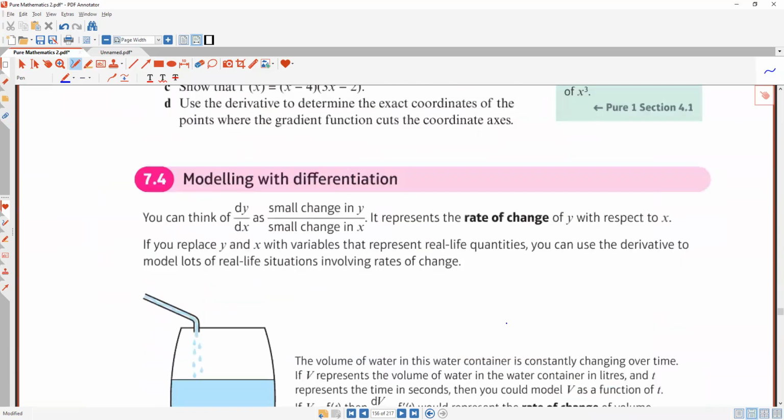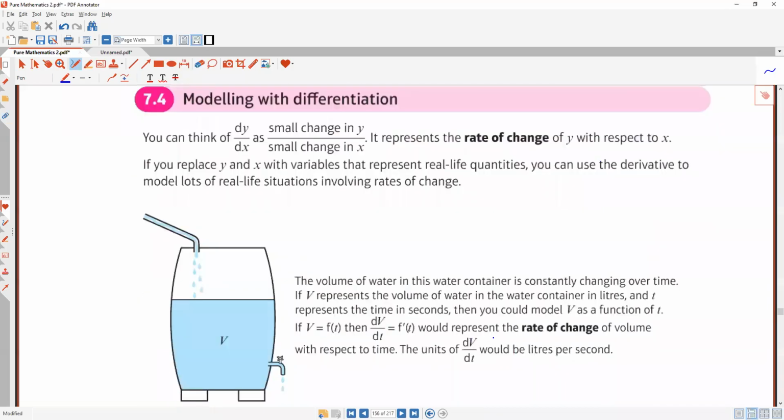There is a reason. Now I'm coming to one of the most important concepts: why are we learning differentiation. First of all, I think I already mentioned, what is the meaning of dy by dx? Dy by dx means rate of change of y with respect to x.